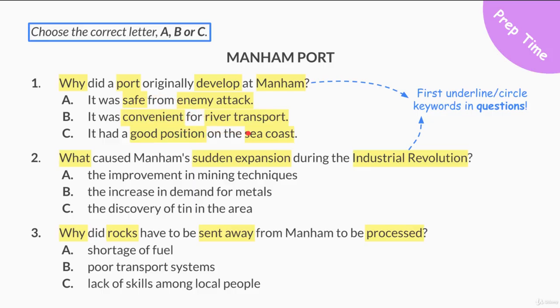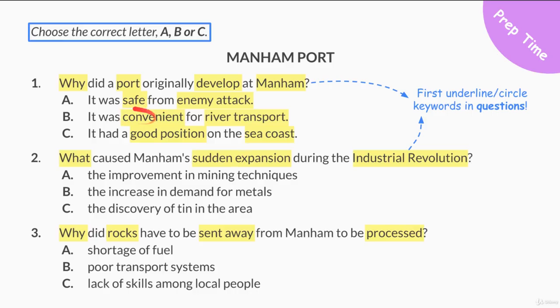Most of the time the keywords in the question are going to be the most helpful, so don't worry so much about marking the keywords in the answer choices. The main thing to look out for are the keywords in the question. But if you have extra time, then go ahead and mark some of the keywords from the answer choices as well. This can also help.